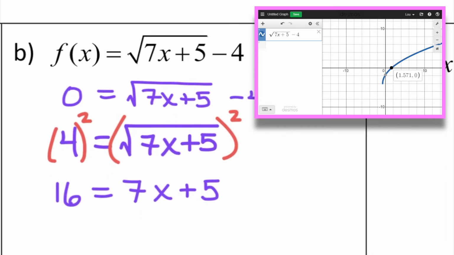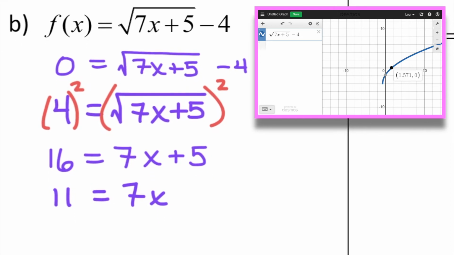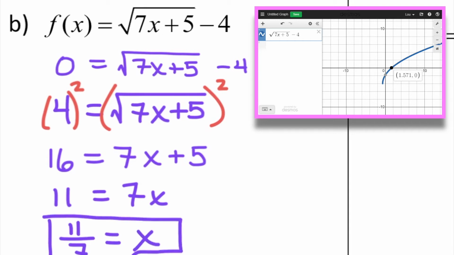And now you just have a linear function to solve, so I'll subtract 5 from both sides, divide both sides by 7. Yeah, you can't see why I just did that little jiggity jag at the bottom of the screen. I forgot you can't see my menus.